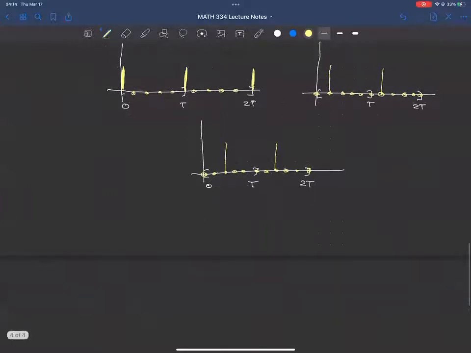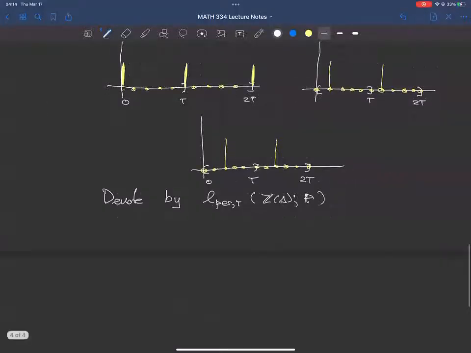So, to keep the notation consistent, we'll denote by L_per^T(Z_delta) the space of T periodic signals.